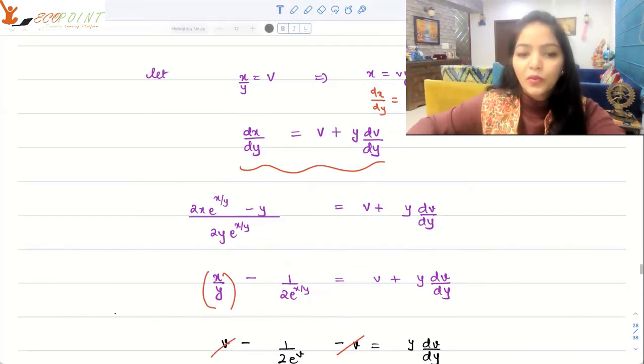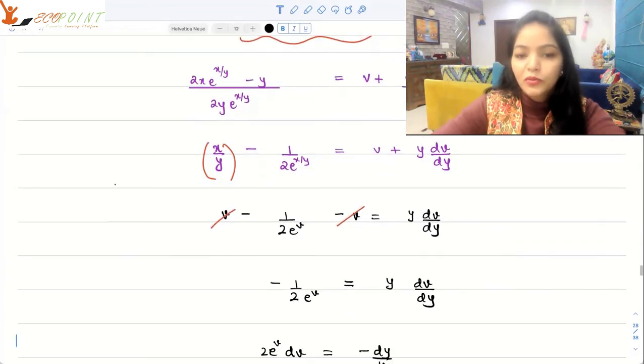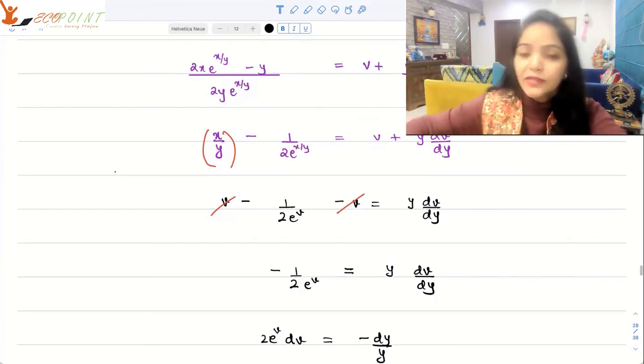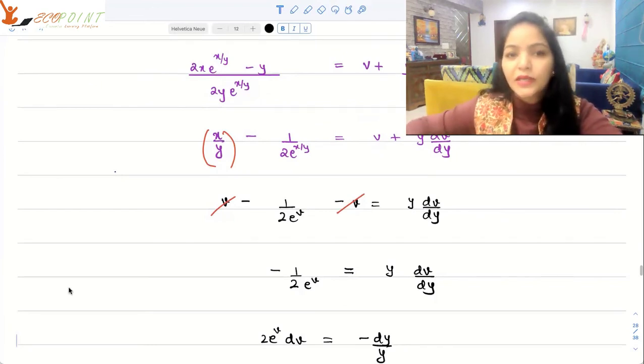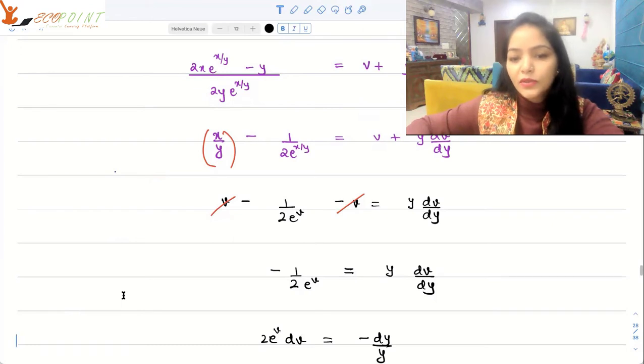We're left with 1 upon 2 e to the power v, which is equal to y dv by dy. So let's separate v terms and y terms. And what you will have is 2 e^v dv is equal to minus dy by y.